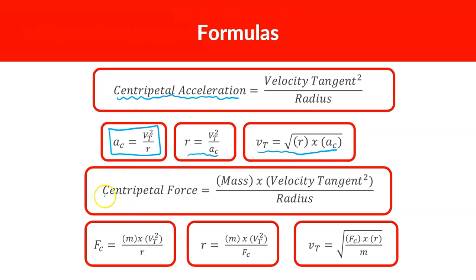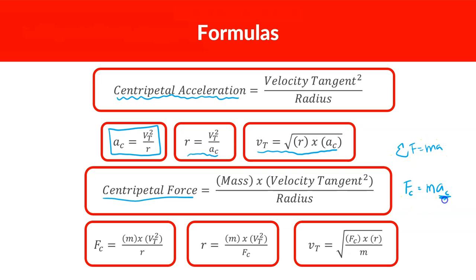And centripetal force is mass times tangential velocity squared divided by radius. One thing I wanted to say is this force, centripetal force, is just mass times centripetal acceleration. Just as we've always seen it, the sum of all forces is equal to mass times acceleration.